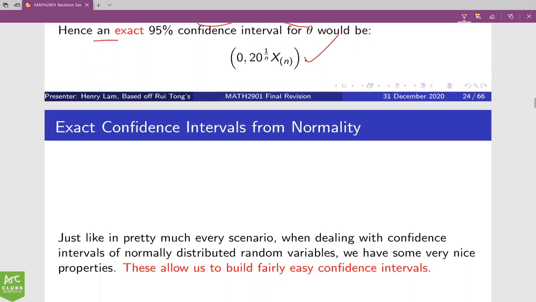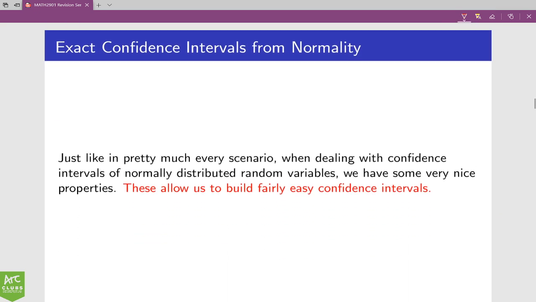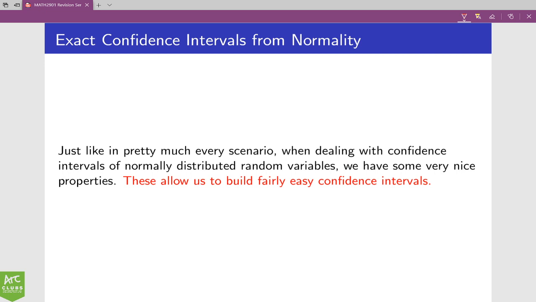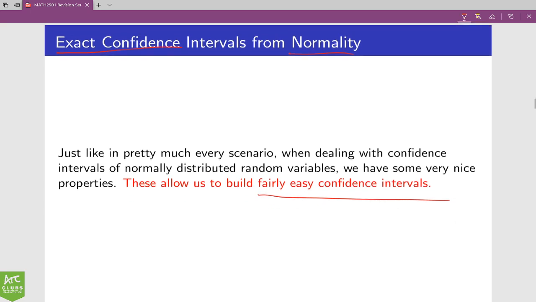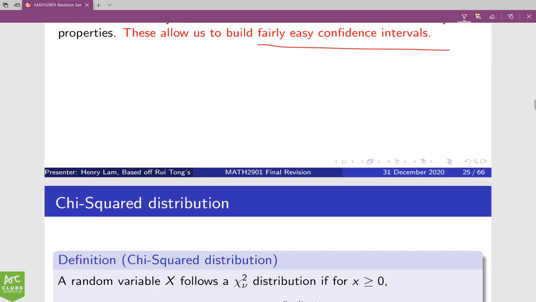So like everything else in this course, we say life is easier if it's normal, because normal is really nice. And it turns out the confidence intervals you build are also really easy in a normal distribution, an exact confidence interval. So we'll go through that.